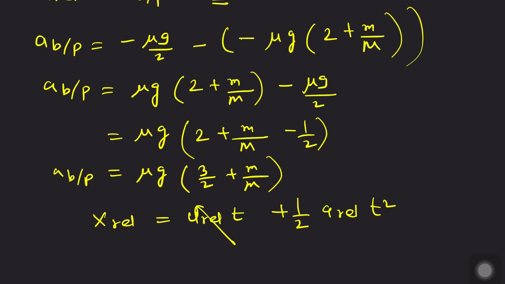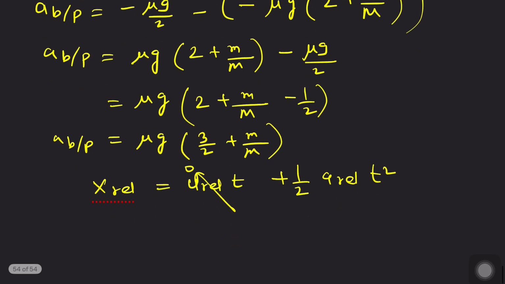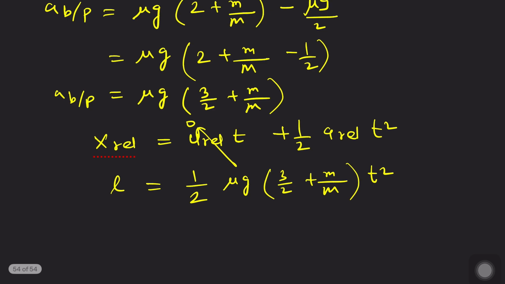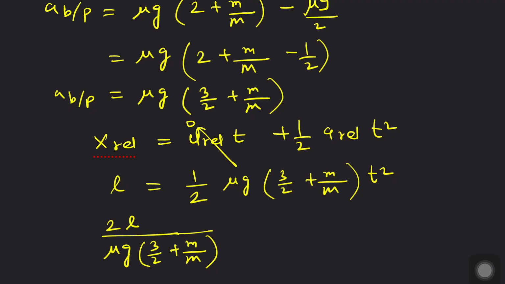Here u relative is 0, and the block has moved relatively a distance L with respect to the plank. So L is equal to half mu g into 3 by 2 plus small m by capital M into t square. So t will become the square root of 2L divided by mu g into 3 by 2 plus m by M. That is the time it should take.